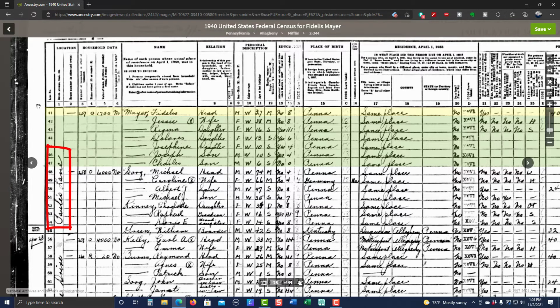So you can see that this Mayer family and this Sorg family are both on a street called Polly's Lane. Now, because this is handwriting, you might have trouble reading it. I have the advantage, having grown up in this area, of knowing what the names of some of the streets were and some of the people that lived in this area. And in this case, yeah, it's Polly's Lane.